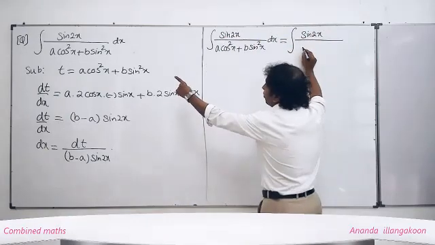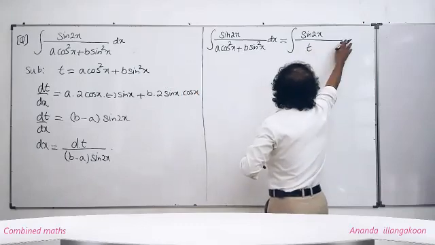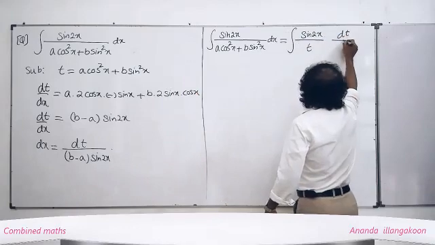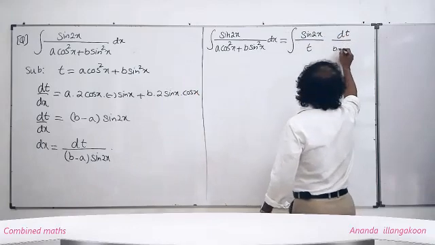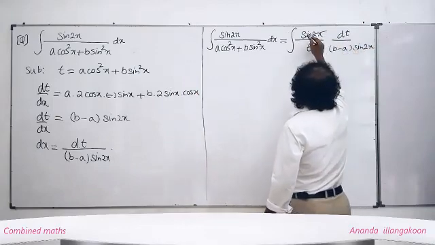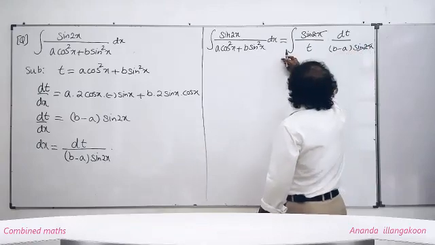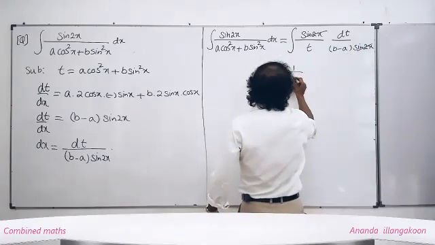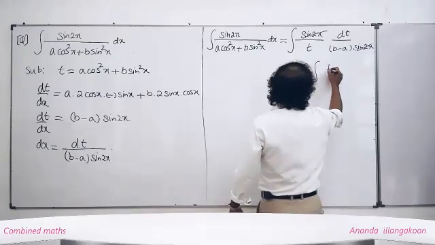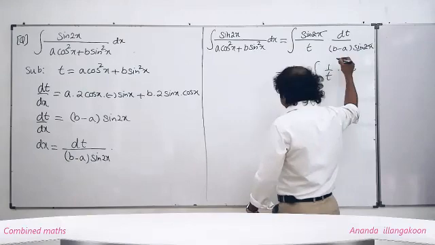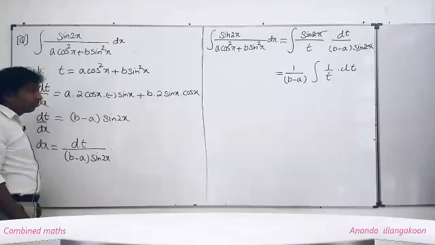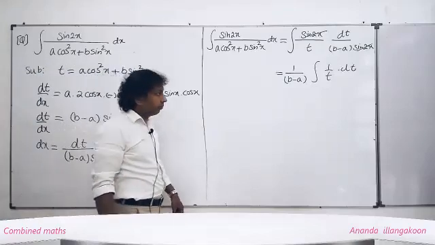a cos square x plus b sin square x equals t. dx is dt upon (b minus a) sin 2x. These two you can cancel down. Take this b minus a out: 1 upon b minus a, 1 upon t dt. What is the integral of 1 upon t?